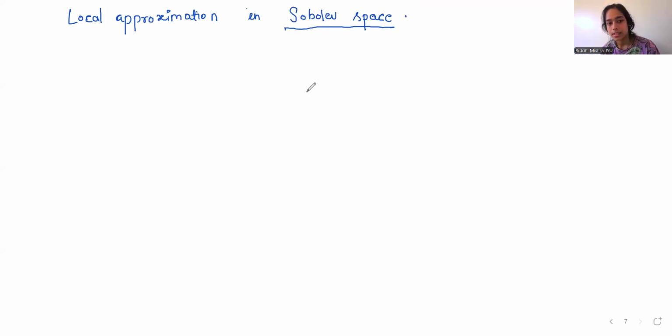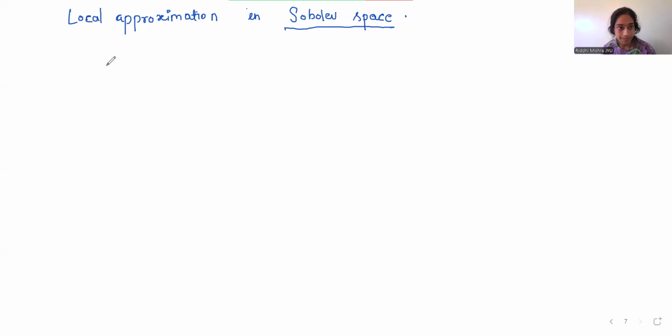That means it is a complete space. So we can talk about approximation, because then we are sure that if the limit converges, then the limit should be inside the Sobolev space because of the completeness.